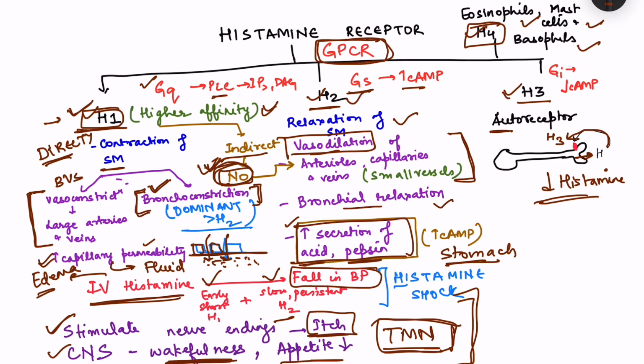On the other hand, H3 receptors are of the inhibitory type. We have seen that they inhibit the fusion of the neurotransmitter vesicles, causing a decrease in the release of histamine. So they are of the inhibitory type and they act by decreasing cAMP. Okay, so that was histamine receptors, that was the actions of histamine.